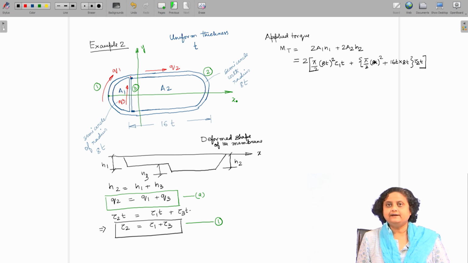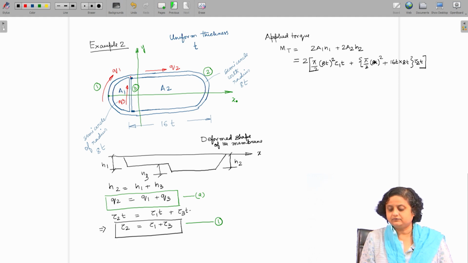So, if I can find tau 1 and tau 2 in terms of the rate of twist from the Bredt-Batho theorem, I can obtain the expression for MT in terms of theta. Now, using the Bredt-Batho theorem, the line integral of tau ds is equal to 2GA theta.